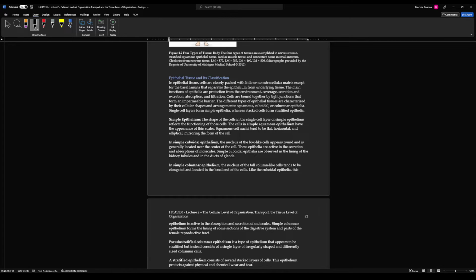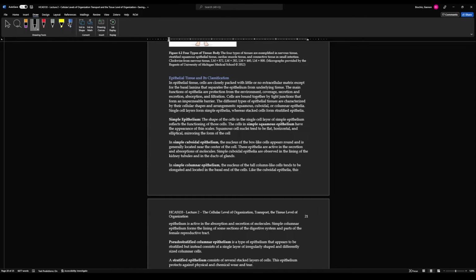Now, when we talk about epithelia, we really have a couple of classifications and a couple of arrangements. There's literally 2 arrangements. We have what's called simple epithelia and stratified epithelia. Simple epithelia is just that. It's simple. There's one layer of cells. Stratified means there are multiple layers of cells.